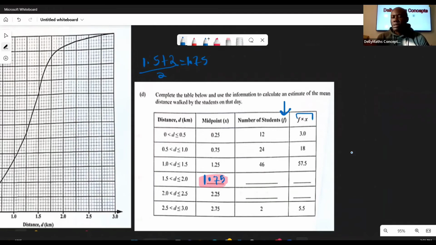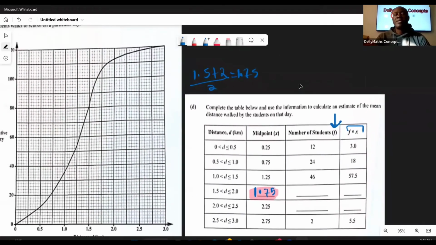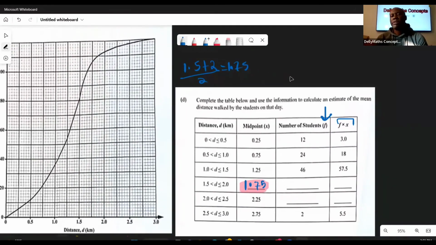Definitely with the cumulative frequency curve, that's a slight problem, because the values you get from the cumulative frequency curve are not your frequency. You actually get your cumulative frequency from your cumulative frequency curve. But whenever you subtract two consecutive cumulative frequencies, then you will get the frequency.